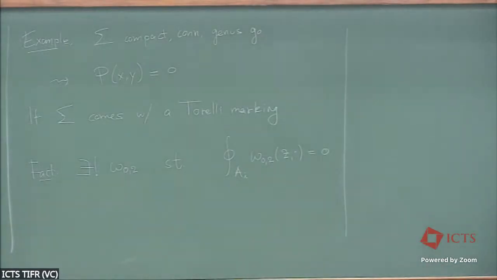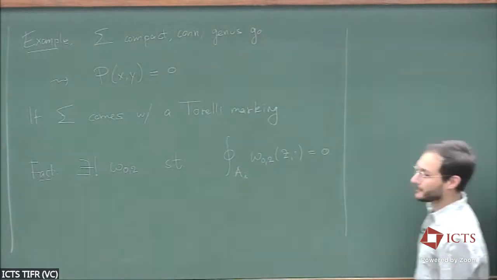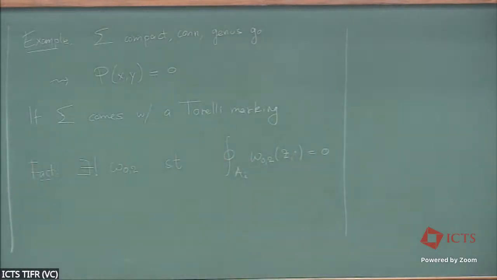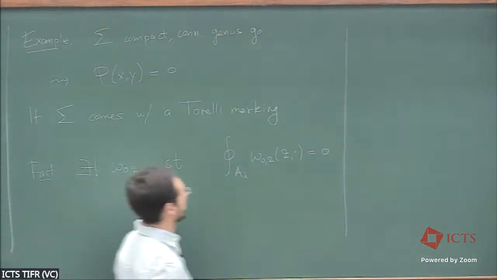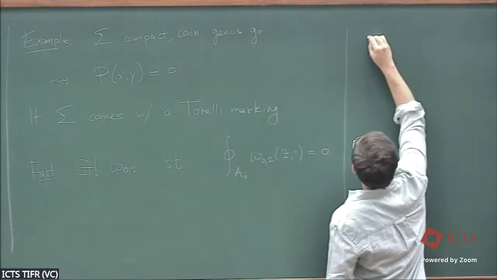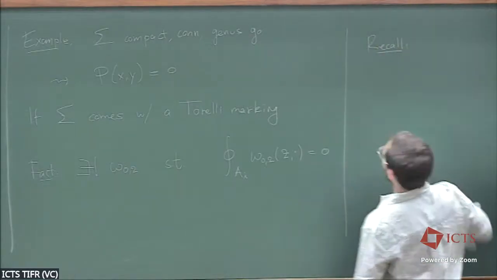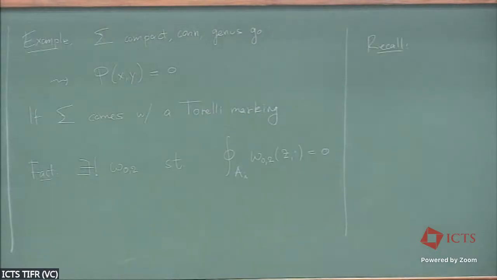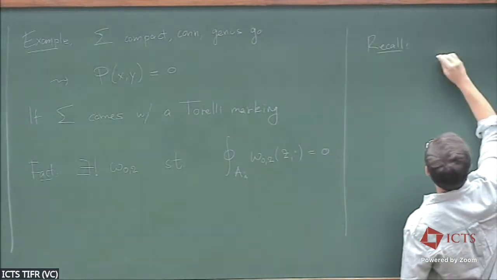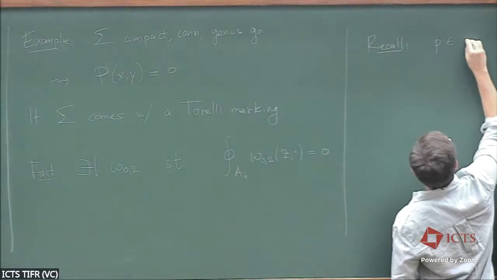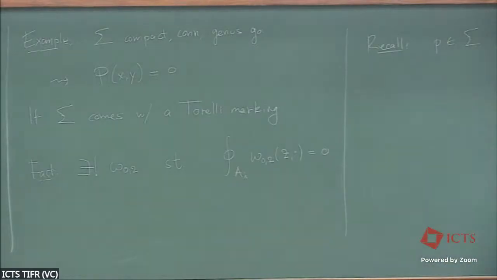Okay. So as Valentin was saying, usually in TR, there are some conditions that you have to impose here. So let me talk about these conditions. And first, let me recall some things that we saw in both Drew's and Valentin's courses. I just want to set up the notation. So now let's take P a point on Sigma.